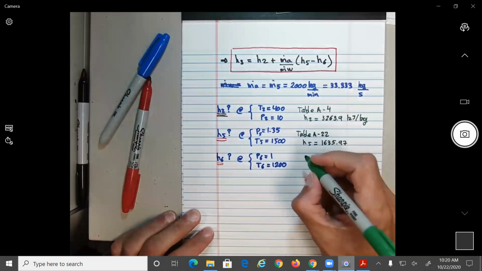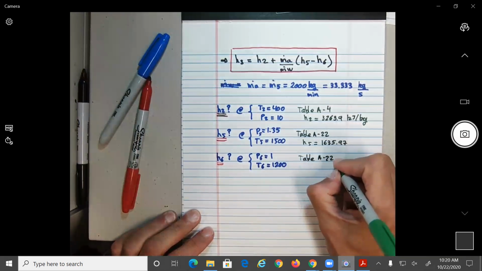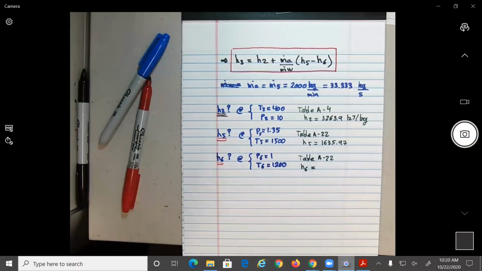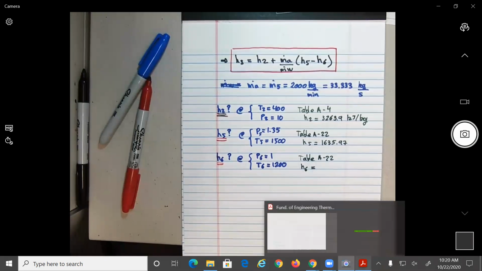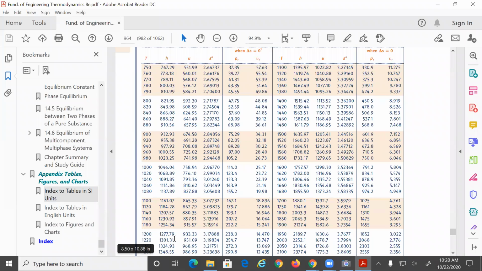From table A22, H6 is approximately equal to 1277.79.